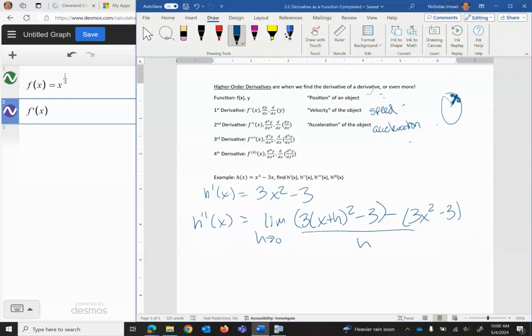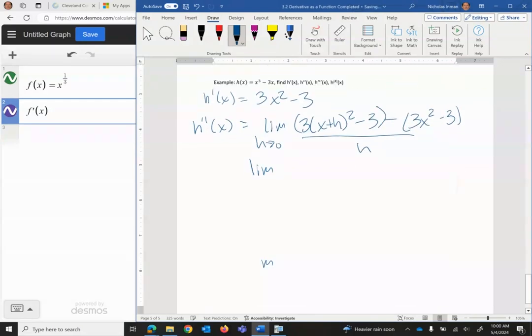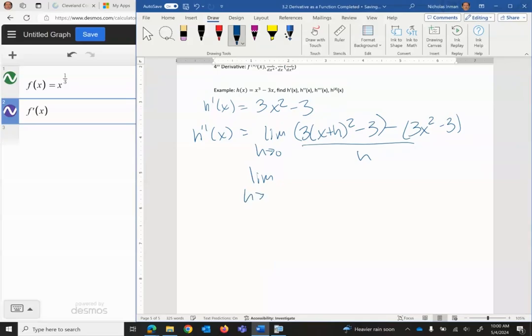Subtract the original function. This thing, x plus h squared, I have to do that first. That would be x squared plus 2xh plus h squared. I see our 3's cancel right away. That's nice. We can distribute that 3, and the 3x squared and the minus 3x squared will cancel.